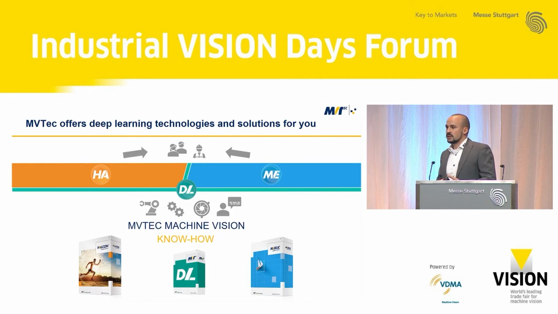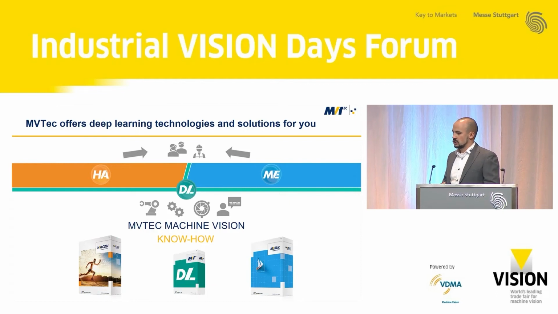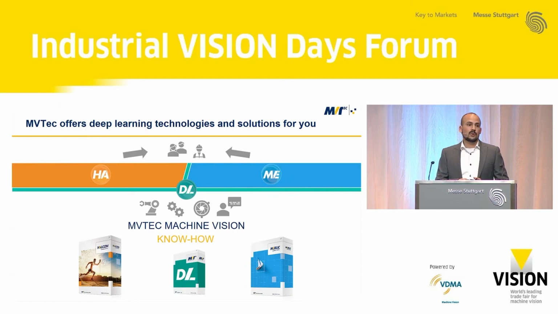In case your focus is to configure applications and you don't want to program, and you're looking for an all-in-one solution, meaning machine vision algorithms, PLC communication, as well as a front-end designer, then our tool, Merlic, is your tool to go.